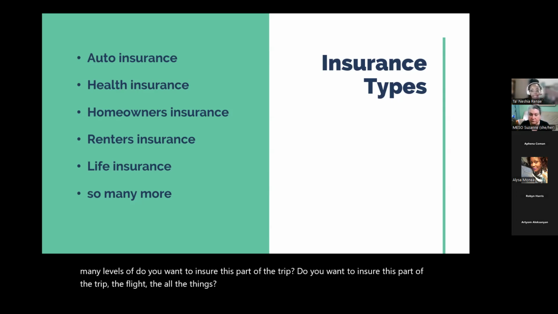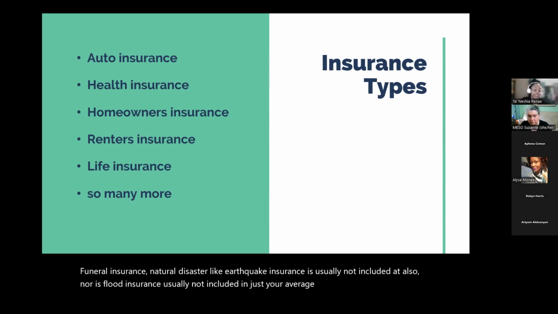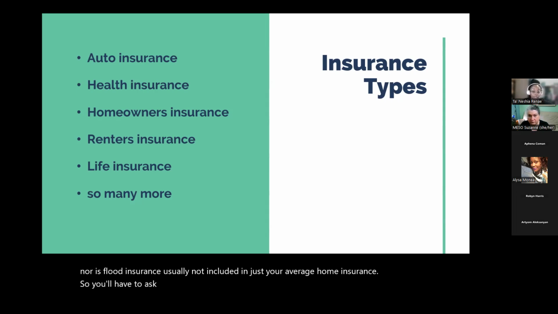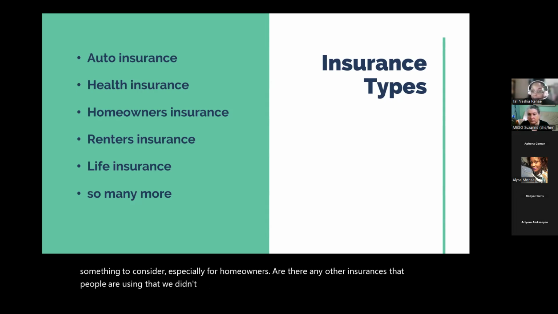Funeral insurance, natural disaster insurance like earthquake insurance is usually not included. Nor is flood insurance usually included in your average home insurance. So you'll have to ask for it or at least bring it up to find out about it. Liability insurance is also something to consider, especially for homeowners. Are there any other insurances that people are using that we didn't talk about or that is not listed up here? You can put it in the chat.